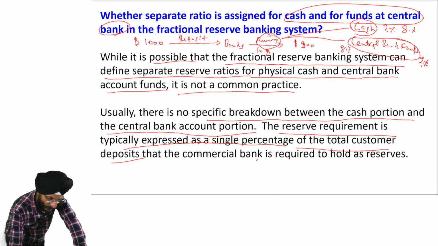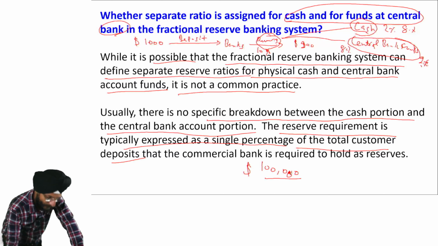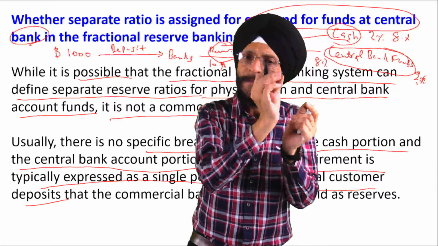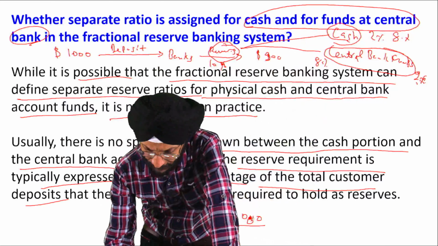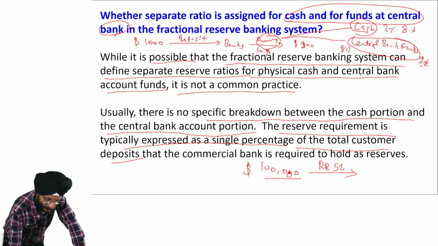Suppose we assume that there is $1 lakh in deposit with a particular bank. Now the bank is required to keep a reserve requirement of say 5%.